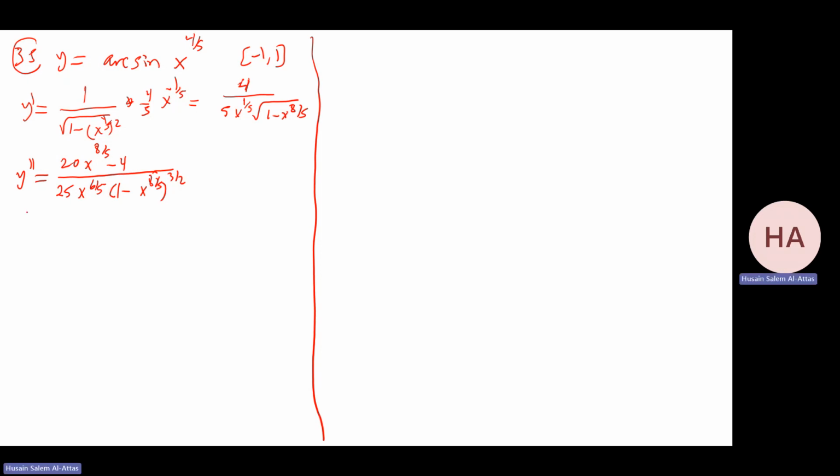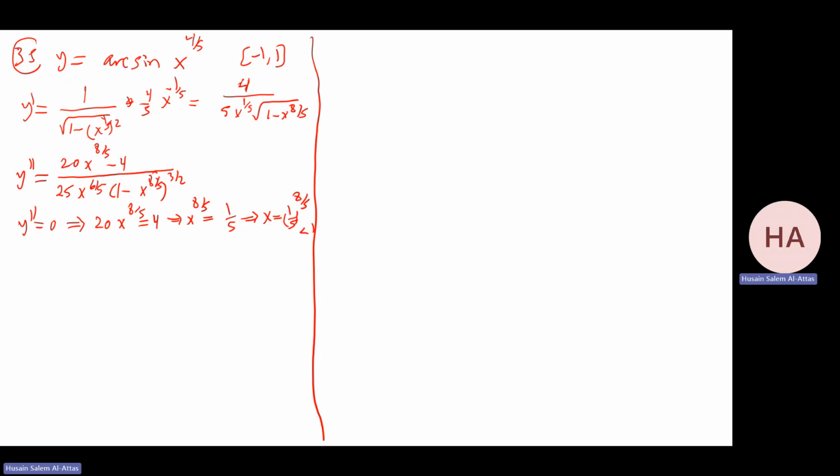So if y double prime equals 0 or y prime equals 0, it depends whether you write it y or f prime. You have complicated things. 20 x to the 8 over 5 is equal to 4. That means x to the power 8 over 5 equals 1 over 5. So x equals 1 over 5 to the power 5 over 8.